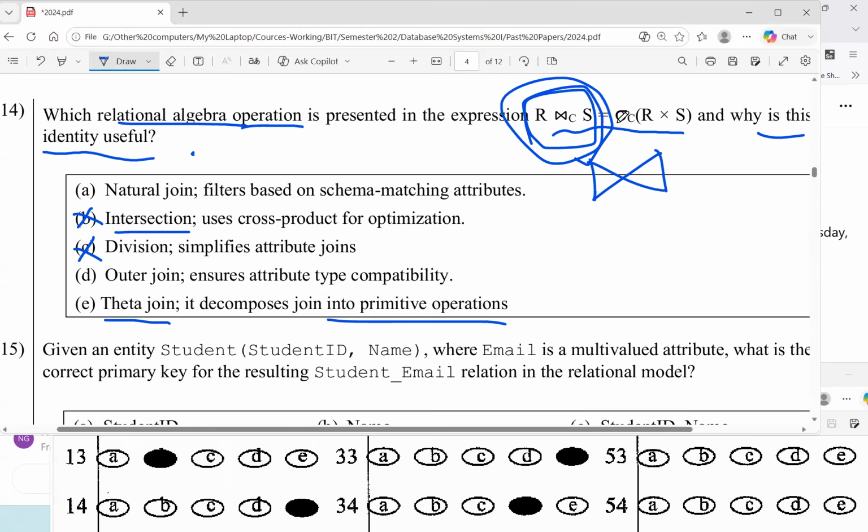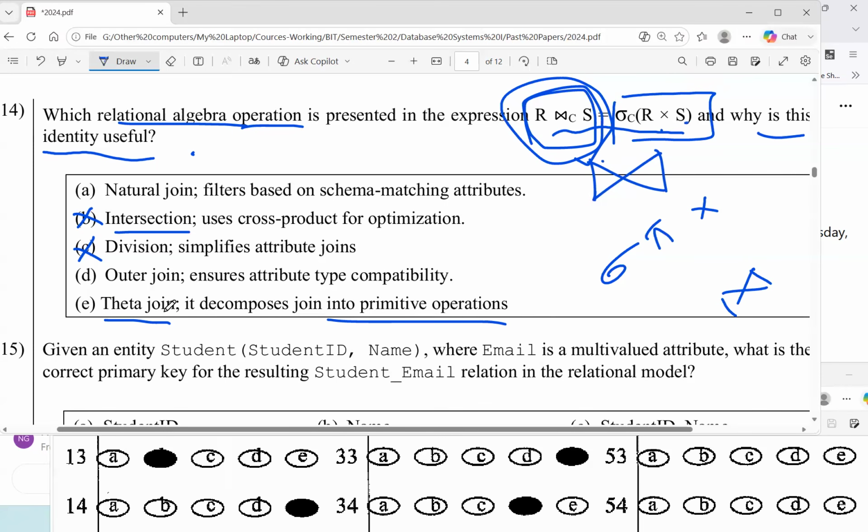I think that is fairly okay because Cartesian product is a primitive operation. Primitive operations are sigma, pi, Cartesian product. Join is not a primitive operation. So maybe we try to convert our join using primitive operations, that is Cartesian product and then filter out only related data.